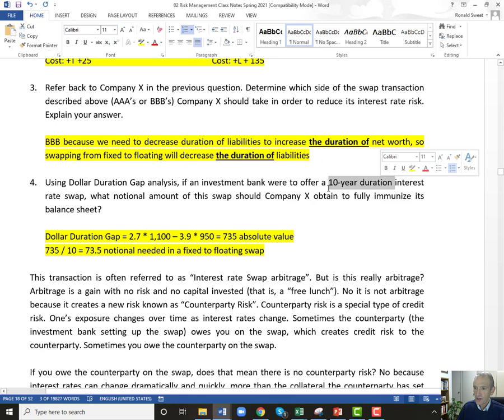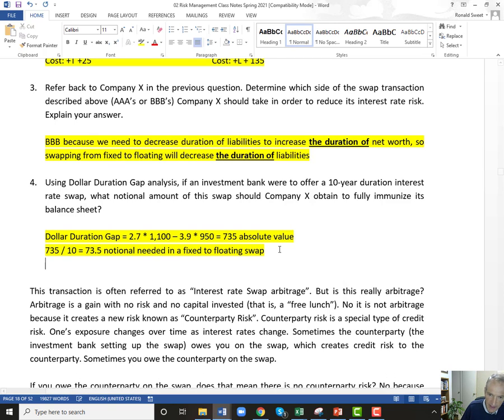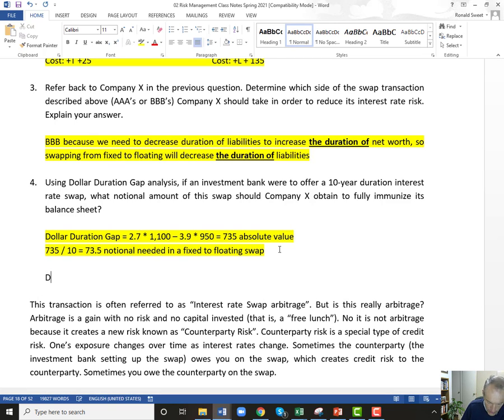The investment bank has a good 10-year duration interest rate swap to invest in. So you take the dollar duration gap, 735, divided by 10, and that gives you 73.5 as your notional amount. If you want to try checking that, we can. The duration of liabilities is going to equal, well, here you do have to use the minus sign.